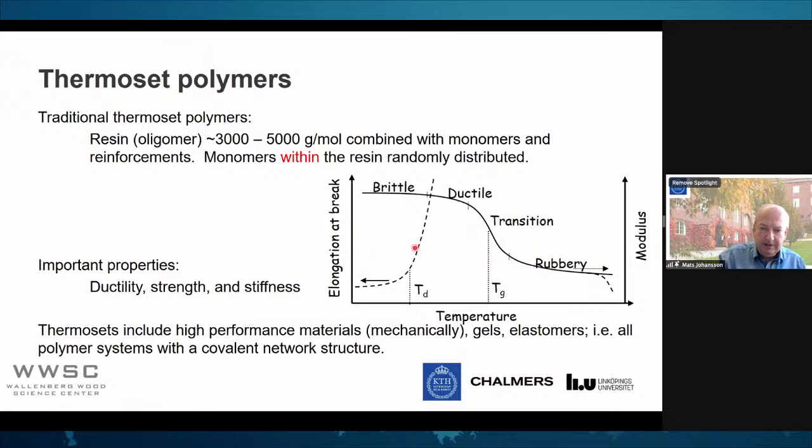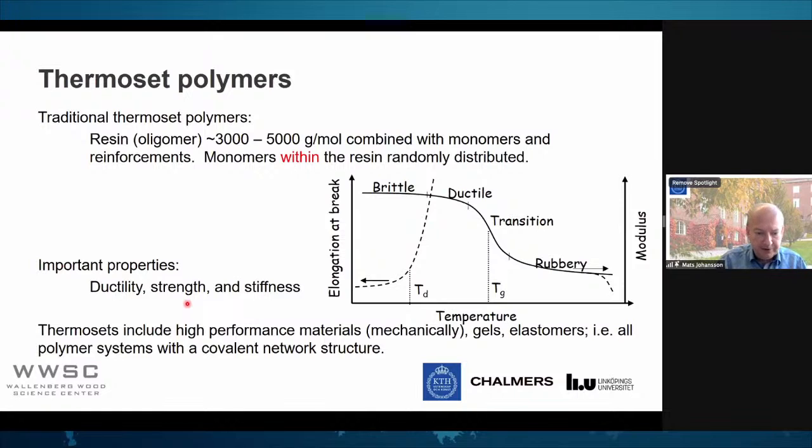The ductile-brittle transition is to a large extent affected by the crosslink density. The higher the crosslink density, the more brittle the system is. So you have a number of different properties, ductility, strength, and stiffness, that are important. And of course, any type of crosslinked network can be considered a thermoset.